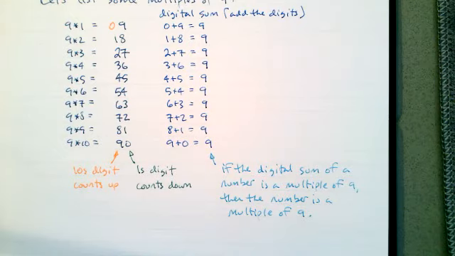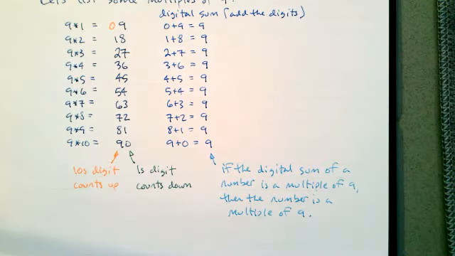If the digital sum of a number is a multiple of 9, then the number itself is a multiple of 9. This is a cool way to find out if a number is a multiple of 9. It's also a good way to find out where the next multiple of 9 is.